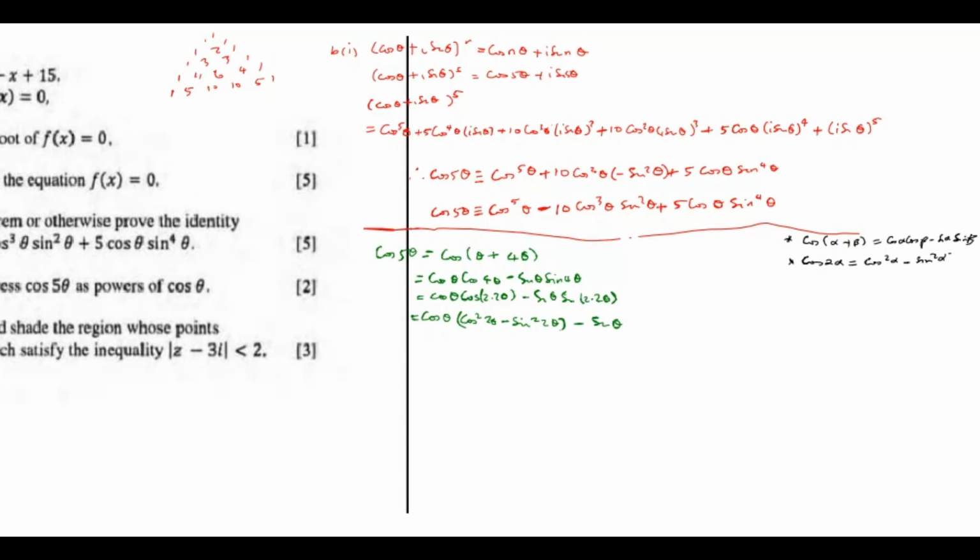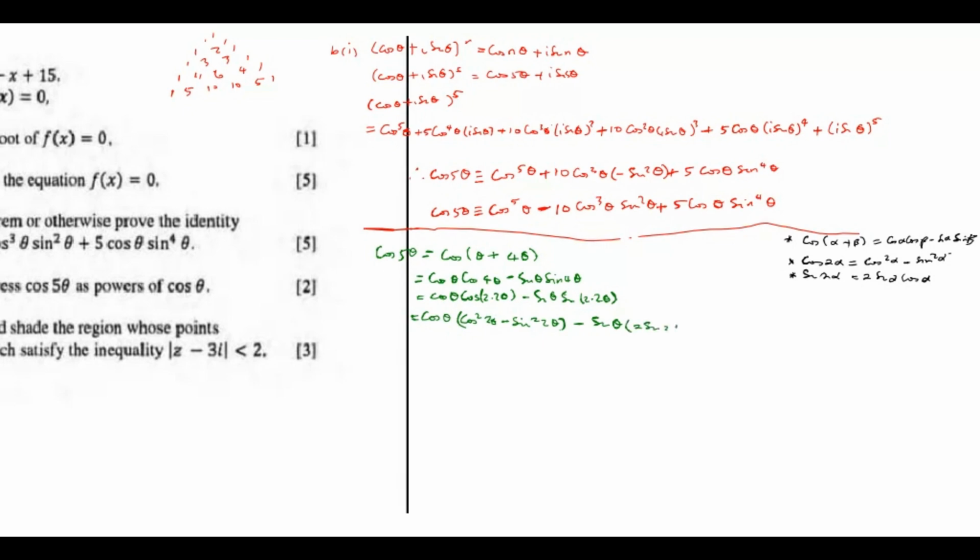Where we are having sine 2 times an angle, that is the double angle formula. So we are going to use the formula sine 2 alpha is equal to 2 sine alpha cos alpha. So where there is that, we are going to put 2 sine 2 theta cos 2 theta.